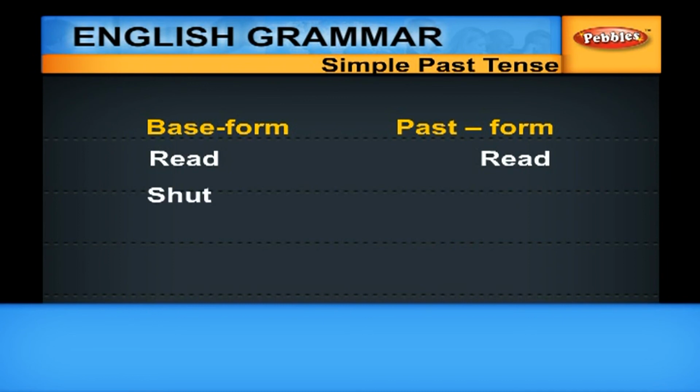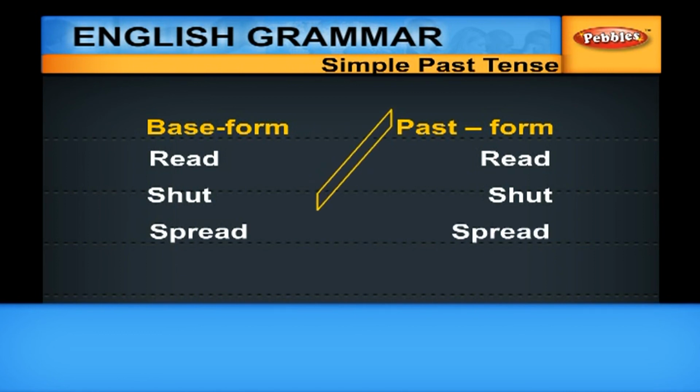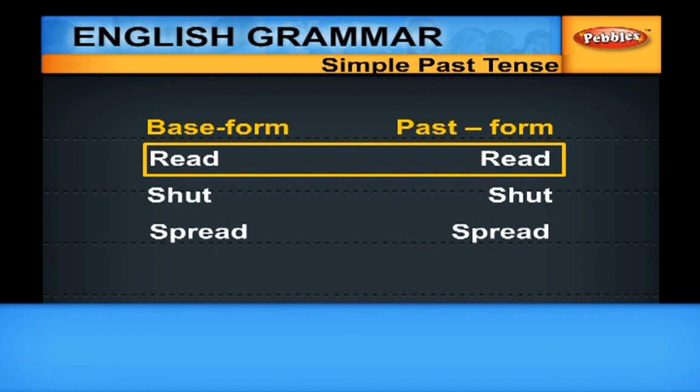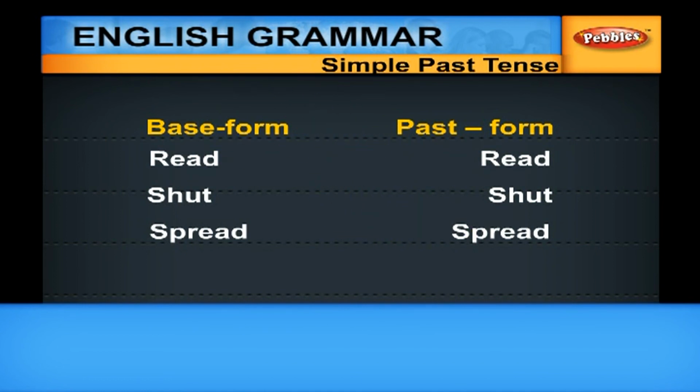Past form again is shut. Base form is spread. Past form again there is no change. In the case of read, the past form of read is read, though you will be spelling it as R-E-A-D. It has to be pronounced as read only and not read.